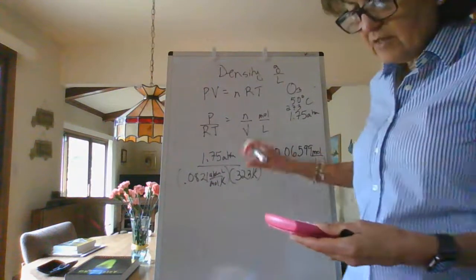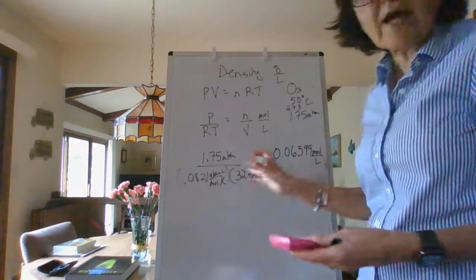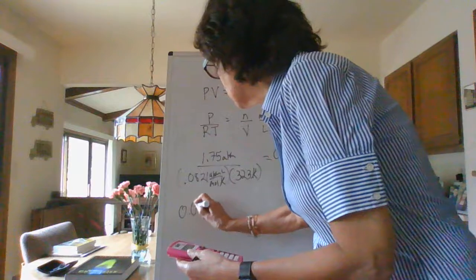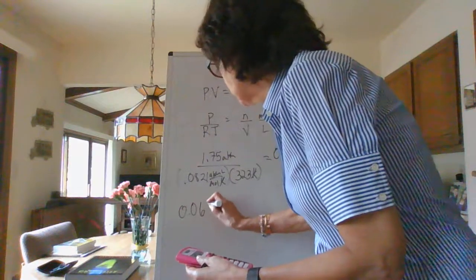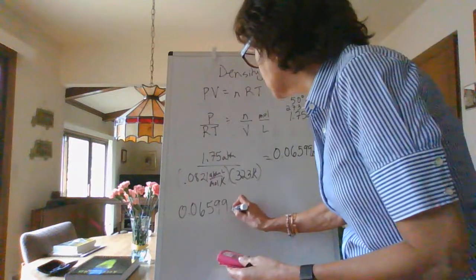Okay, I'm just going to leave it like this for a minute. Now, I want to convert that to grams per liter. So I'm going to put it over here, 0.06599. I'm going to pay attention to sig figs in a minute, guys.